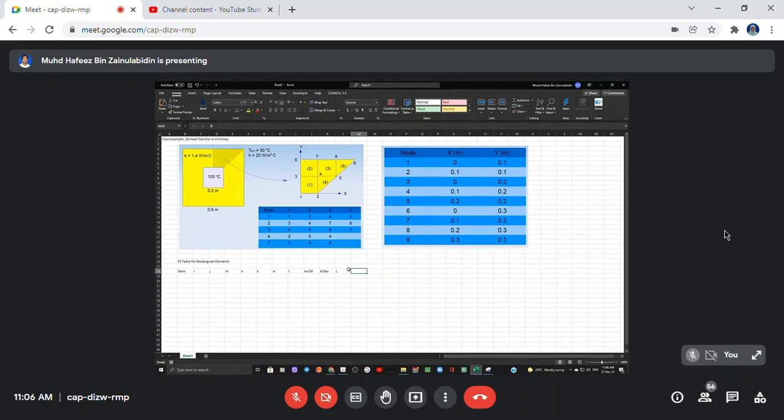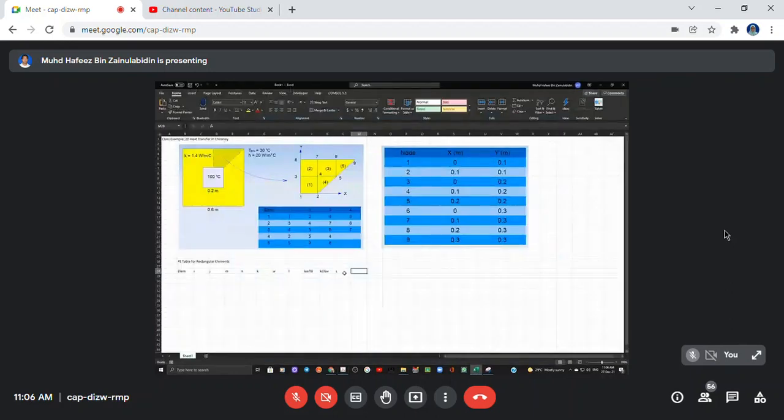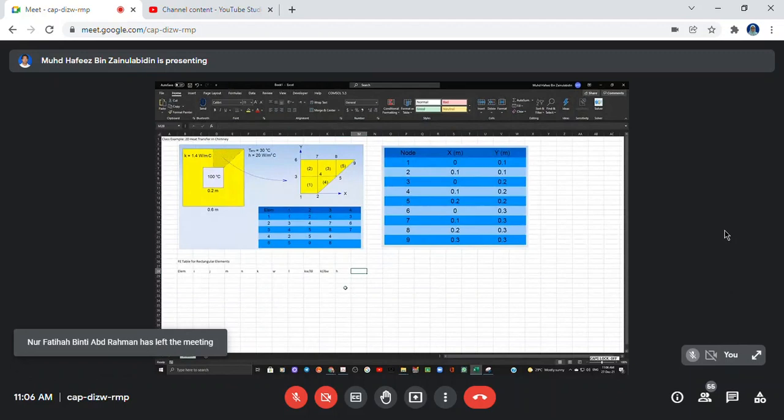Same value. Okay, H divided by 6. I need to put H first. Okay, H, L, and then HL over 6.